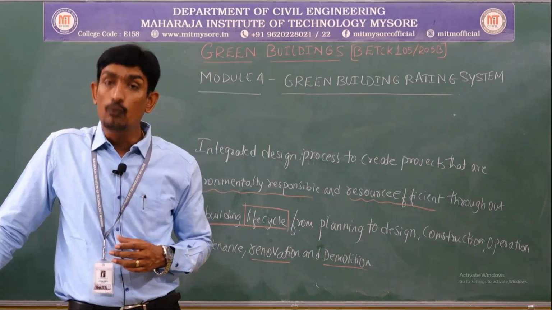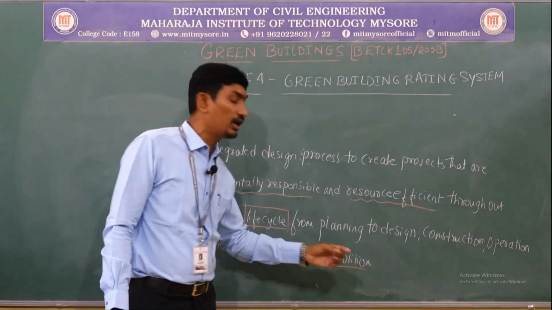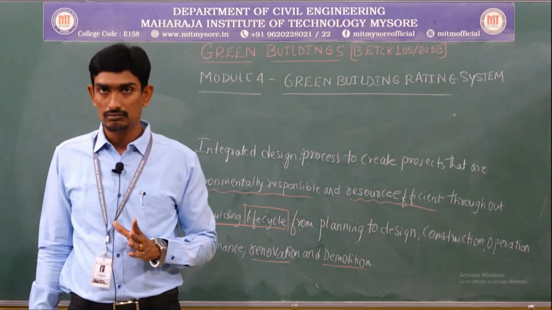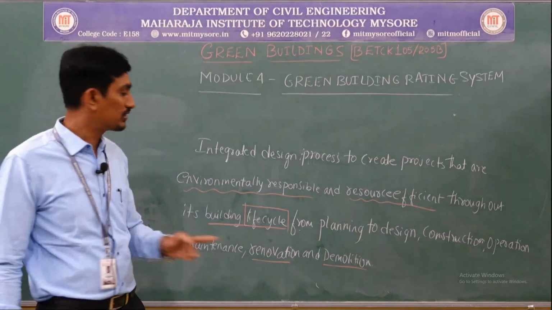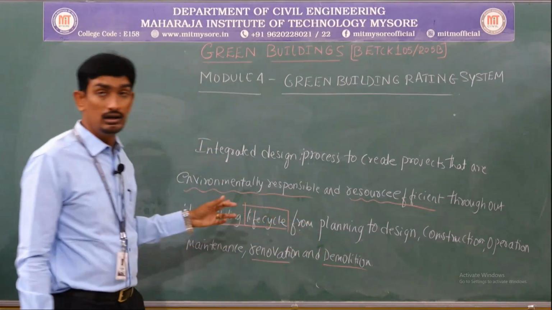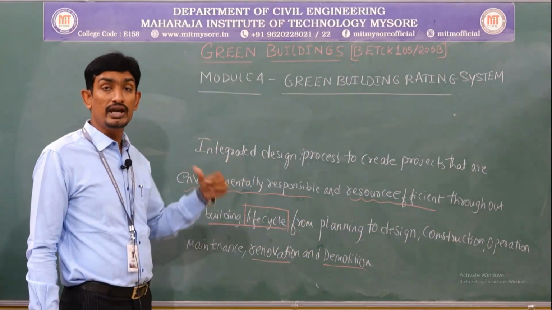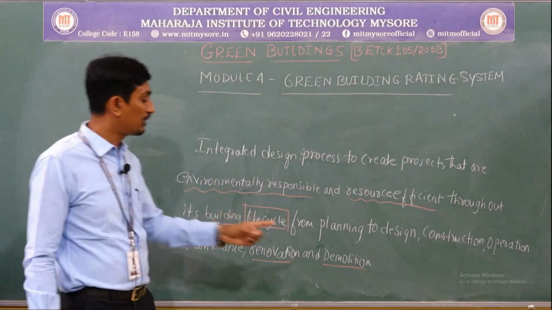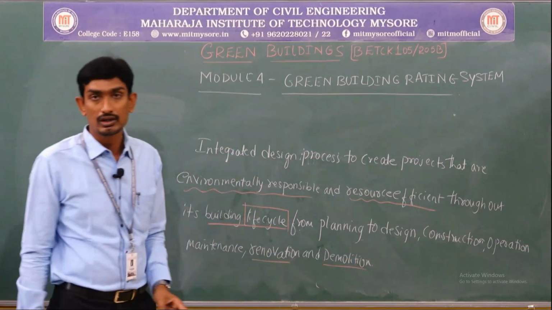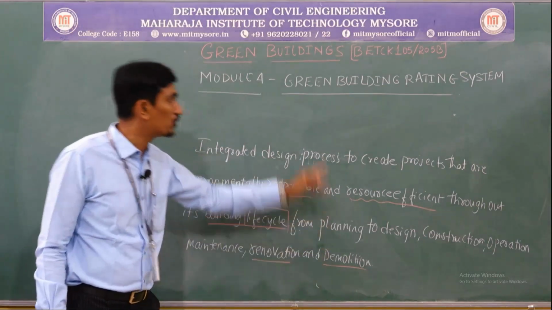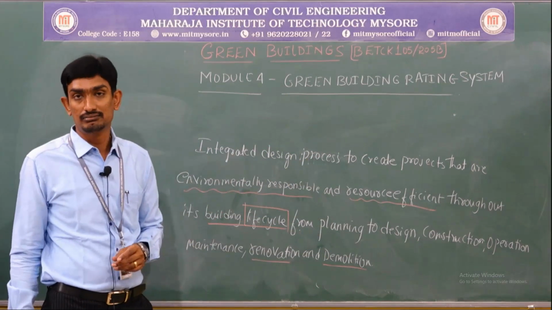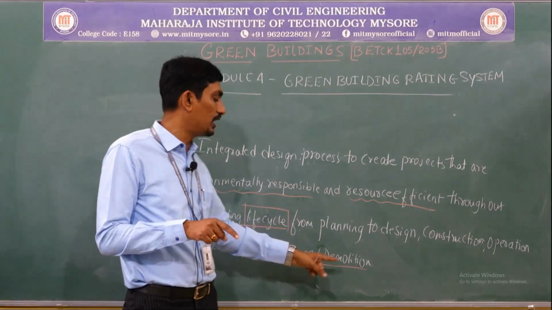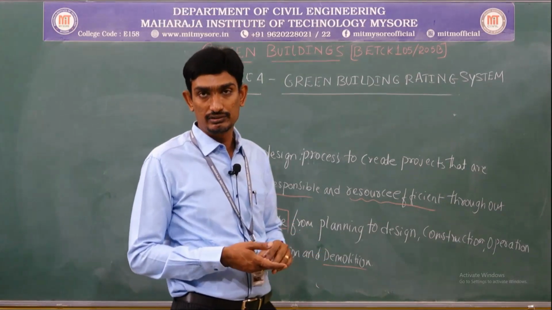And how effectively can I demolish that building without damaging the neighborhood? Did you get my point? So that means it will not create any harm to other buildings or to the environment. That is what environmentally responsible means. How effectively you demolish the building will also contribute to the rating system. That is the complete life cycle, starting with the planning up to the demolition stage.